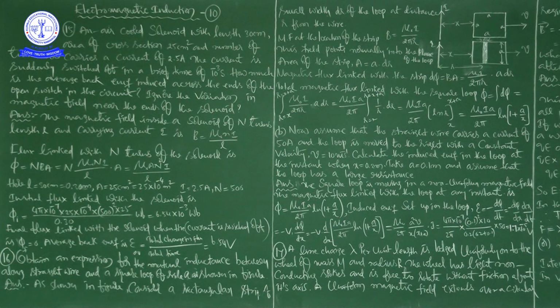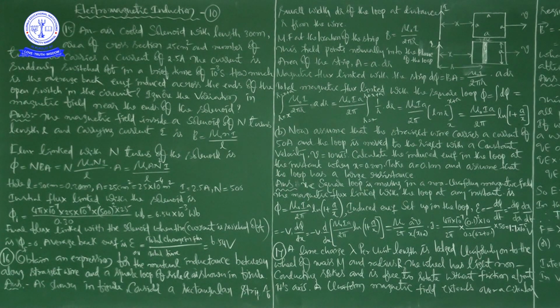So in this relation you substitute that value, that is mu naught I by 2 pi into a square v divided by x into x plus a, right?